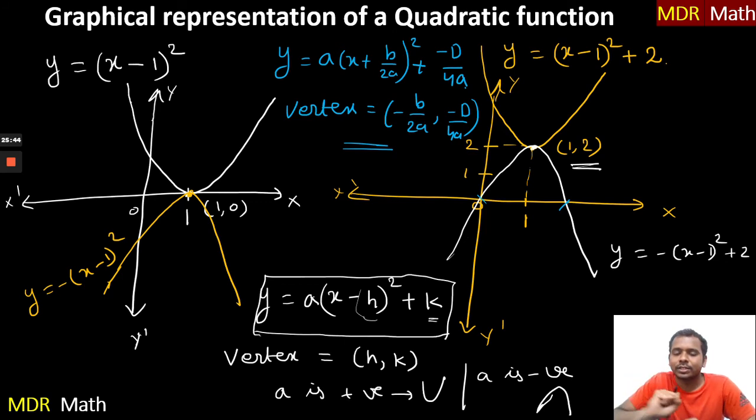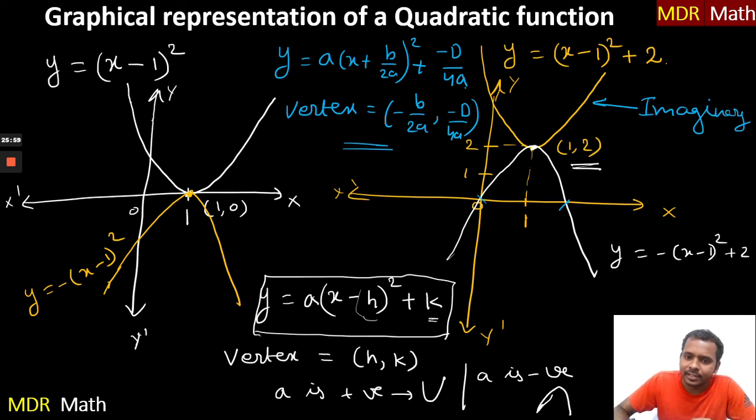When this curve does not touch or intersect the x-axis, then the roots are imaginary. So for this case, the roots are imaginary. In this case, the roots are real and distinct. And in this case, the roots are real and equal.